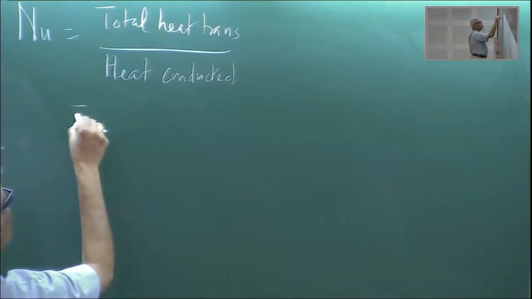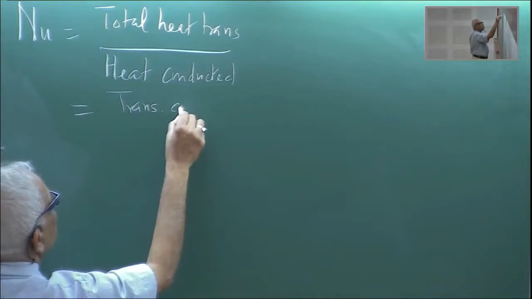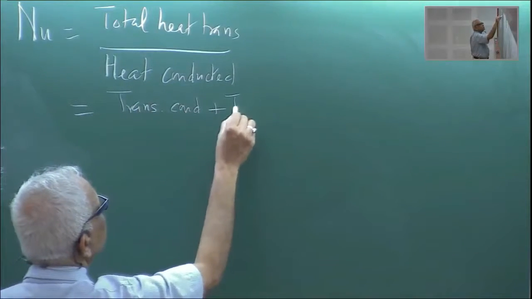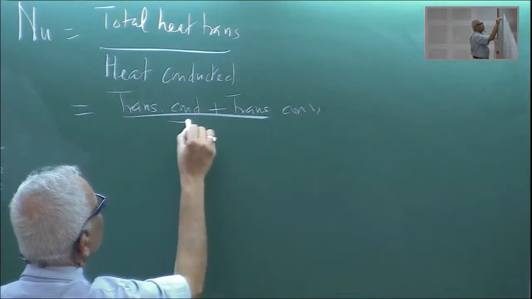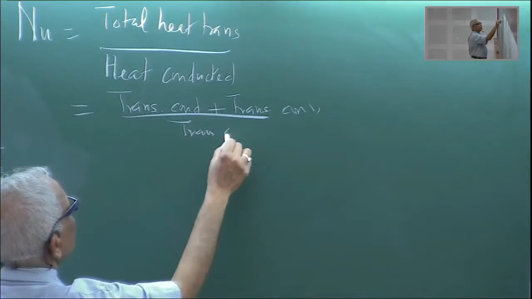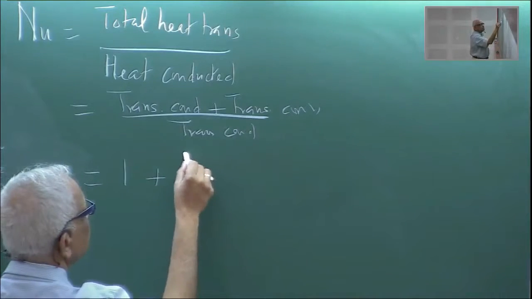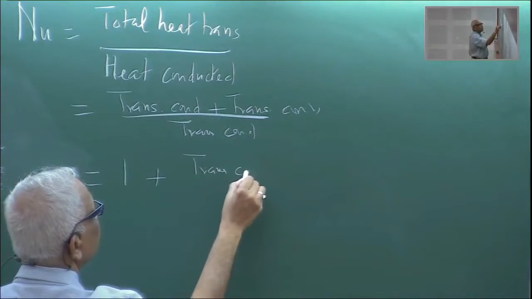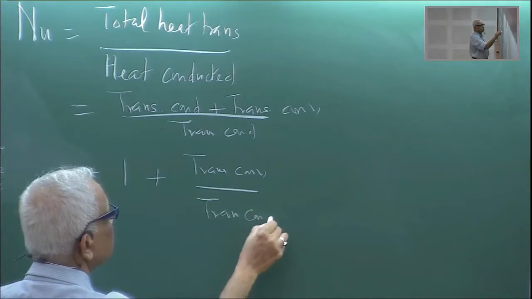The total transport is transport by conduction plus transport by convection, divided by the conduction. So this is equal to 1 plus transport by convection divided by transport by conduction.